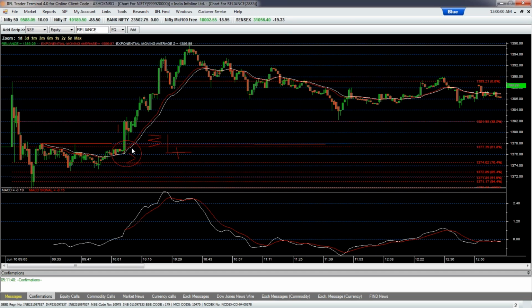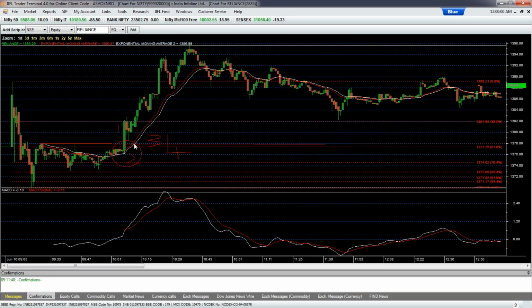Retracement level, the resistance, the 20-day EMA, everything is at the same point for Reliance to move much higher. It came down to the level of resistance, and came to the level of retracement, which is almost at the same point, and the 20-21 day moving average is also almost at the same point.